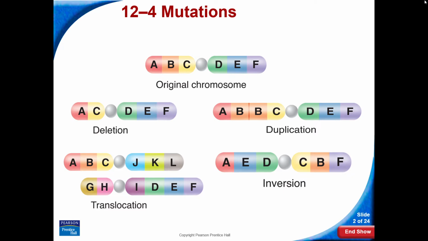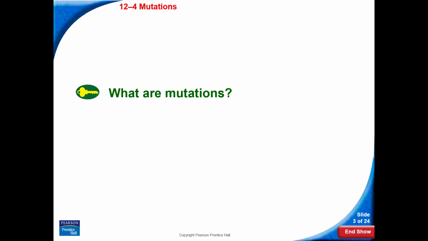What we do need to talk about, though, is mutation. One of the things that we know about DNA is that it is controlled by a sequence of nucleotides. The messages on the genes that are located on chromosomes are dictated by what the sequence of those nucleotides are.